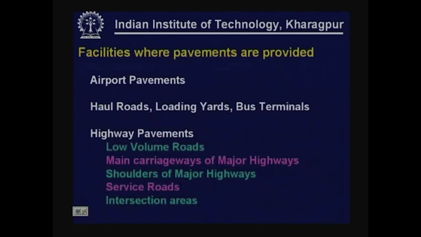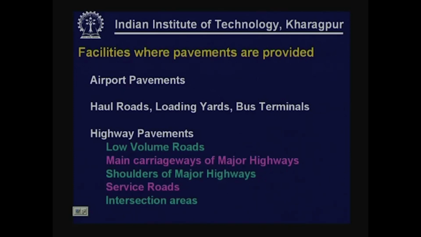We normally provide payments for various facilities. They can be very wide ranging facilities such as airport payments, haul roads, loading yards, bus terminals, highway payments. We can have different types of highway payments.